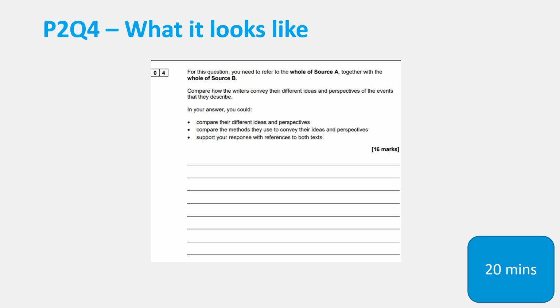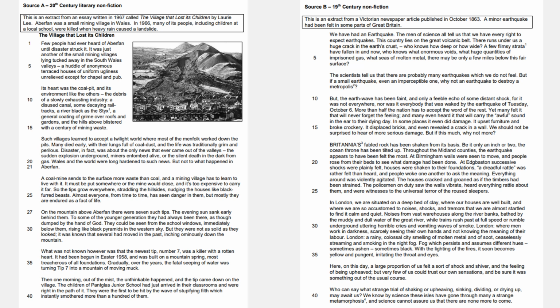As always, the same reminder, it is crucial that you do not go over time on any single question because that will rob time from later questions, in this case paper 2 question 5, where any extra marks you gain on question 4 by spending a bit of extra time, you will sacrifice far more marks than that from those higher tariff questions. Just as a reminder, we're looking at a past paper with the Aberfan and earthquake sources.